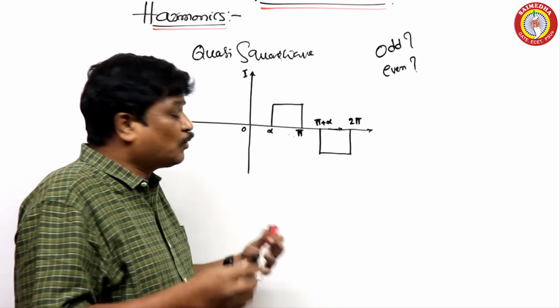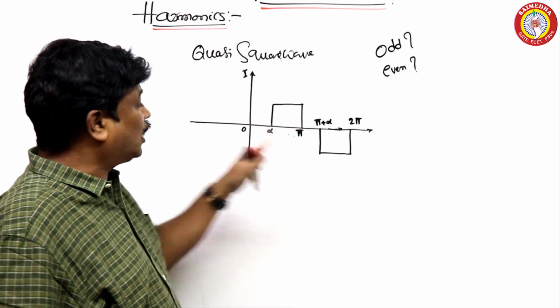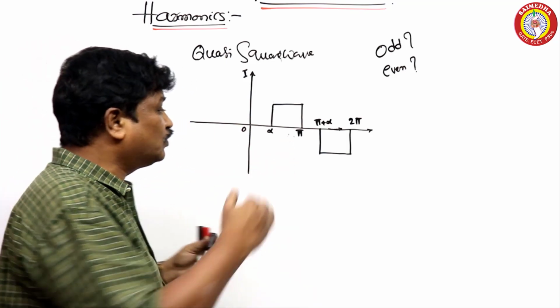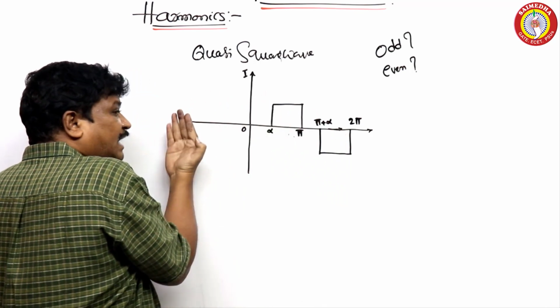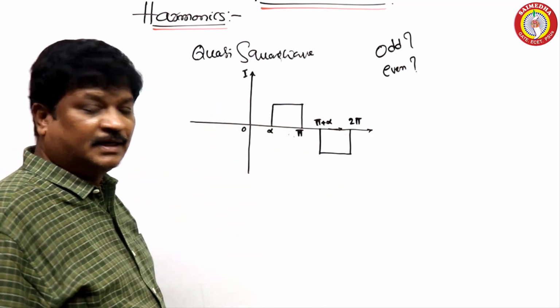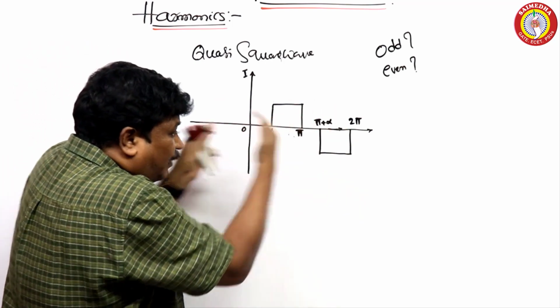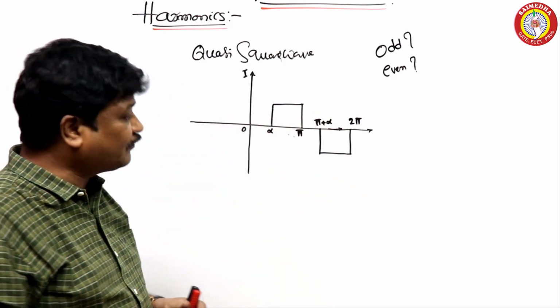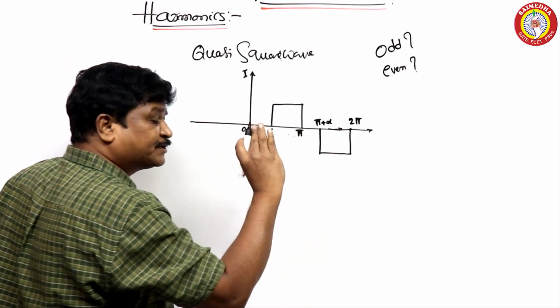How are we going to tell it is neither even nor odd? Whenever you want to check this, we have to shift our signal to the left side by 2 pi. If you want to shift by 2 pi towards the left, the expression will be subtracted.